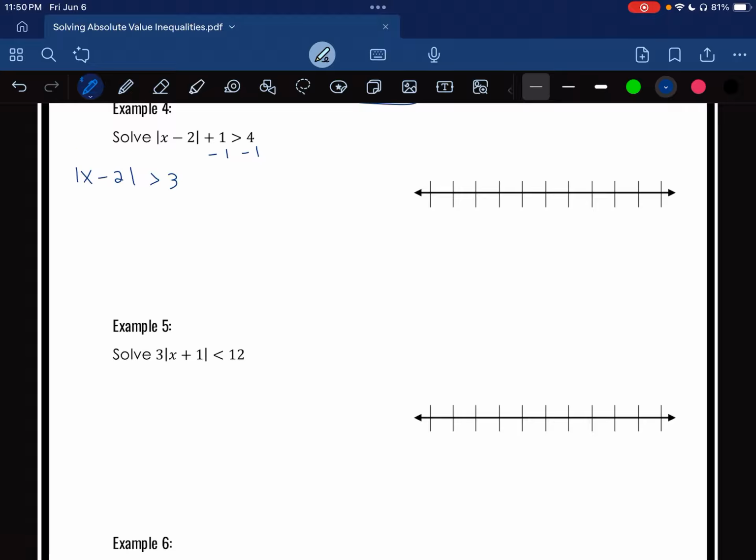All right, so we are going to do x minus 2 greater than 3, x minus 2 less than -3. So we'll get x that's greater than 5, or x is less than -1.